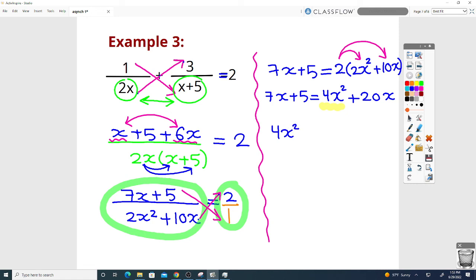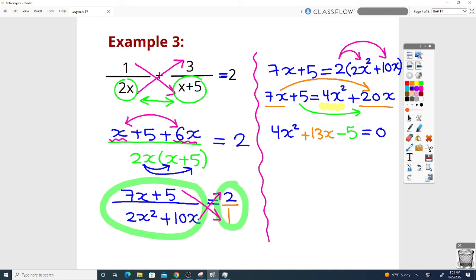Now for this term, 20x, I've got on the other side also a term in x that I bring over with this. So this is going to be 20x minus 7x, which is equal to plus 13x. I also have a number, which is right here. I'll bring it also over to the other side, so that is going to be negative 5 equals to 0. So I bring everything to this side. I keep the other side equal to 0.